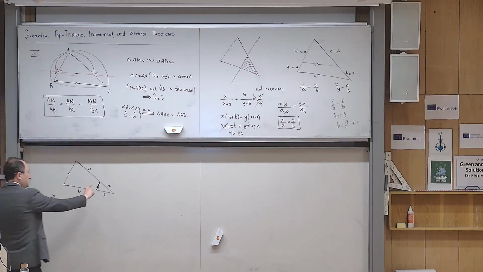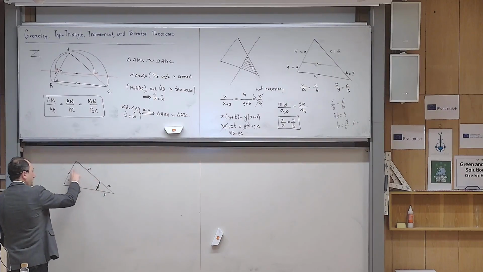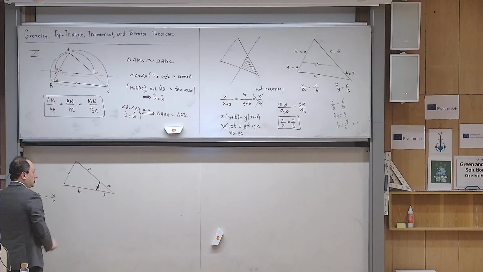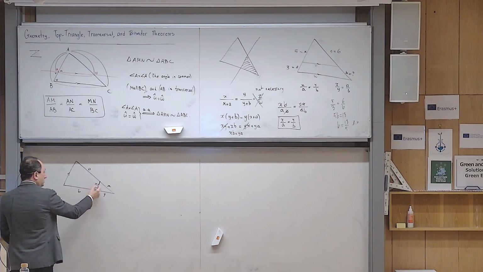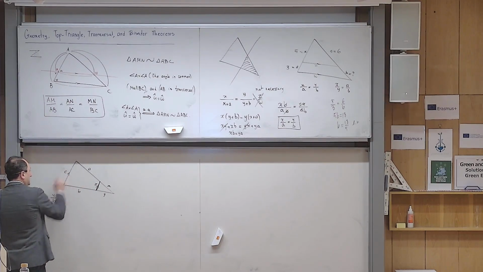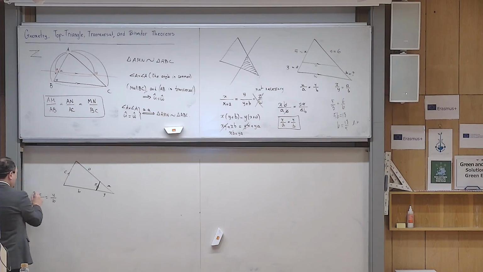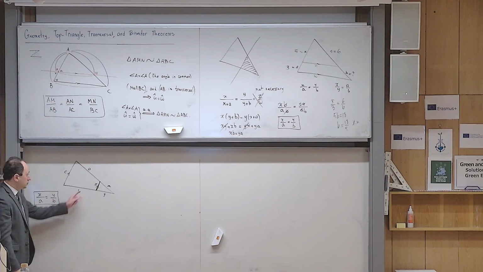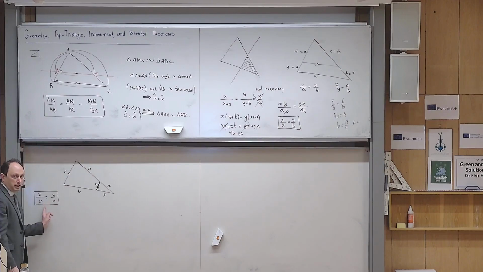You cannot bring the length of this one and this one into the game. If you insist on doing that, let me call this Z and C, this is finished here. But if you want to write a relation in which Z and C are also involved, then what can you write? If you write this, you cannot continue with Z and C. You have to stop here. This is correct on its own, finished.